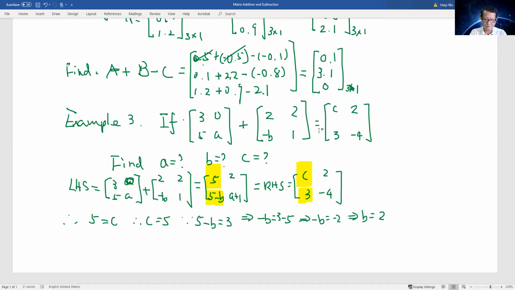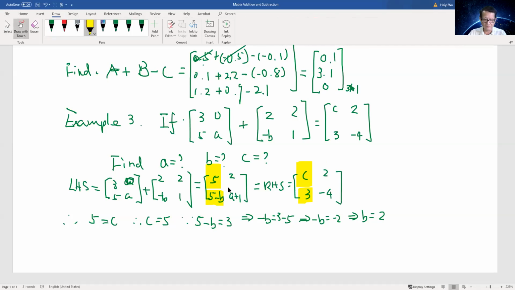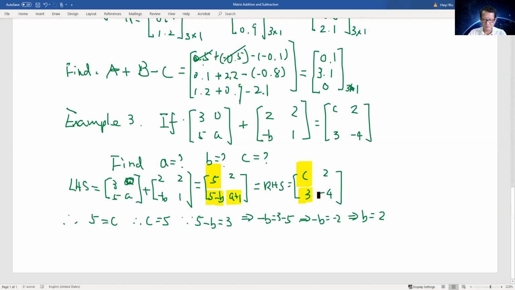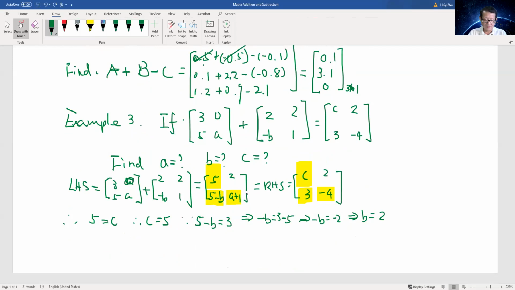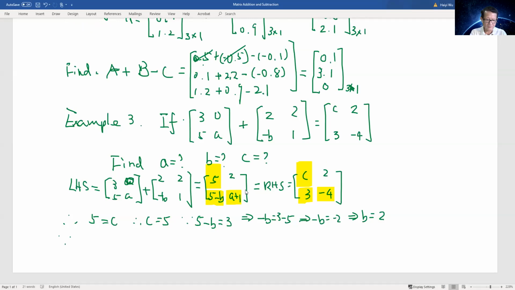Lastly, we need a. Same thing, we use the corresponding element. This element must be equal to this element because they are in the same position. Sorry, my apology, I just hadn't changed it. Here the last element, which is a plus 1, must be equal to 4.